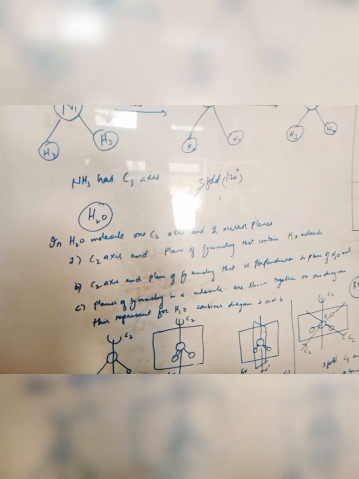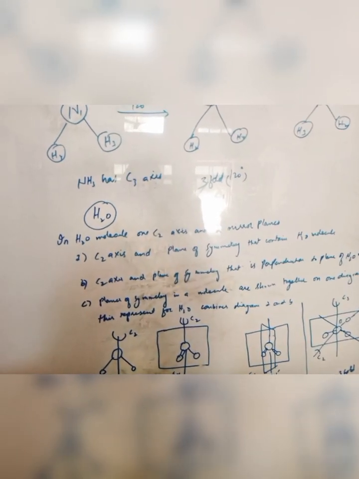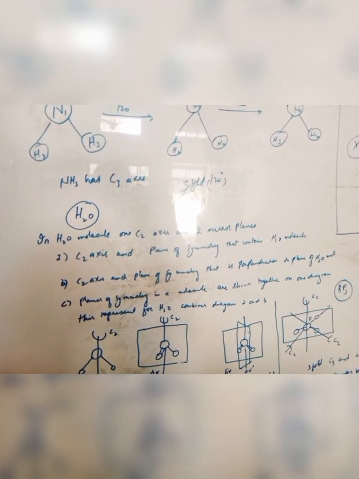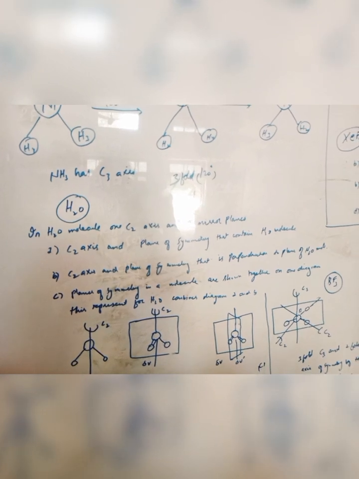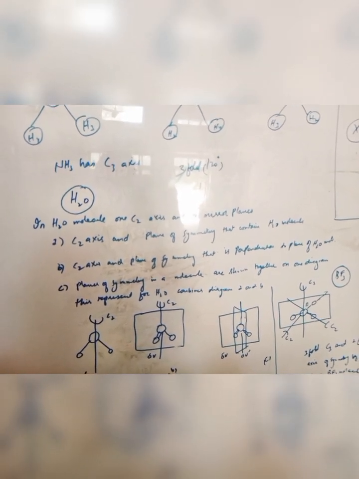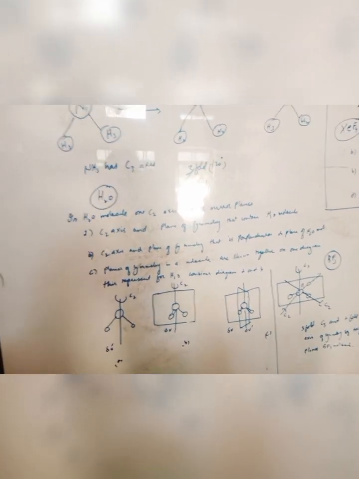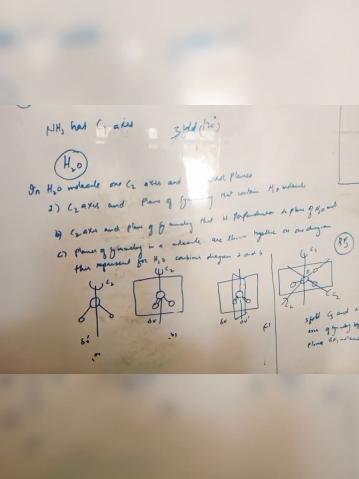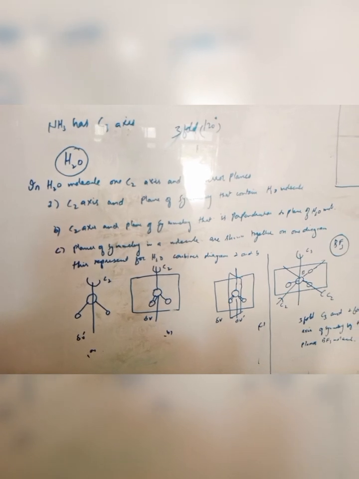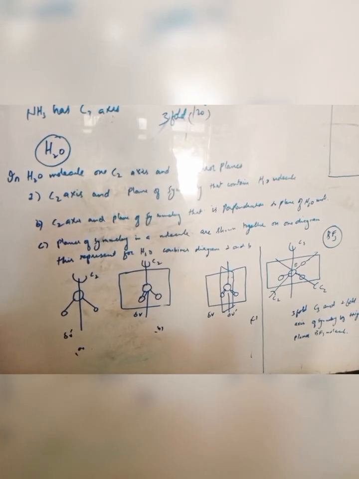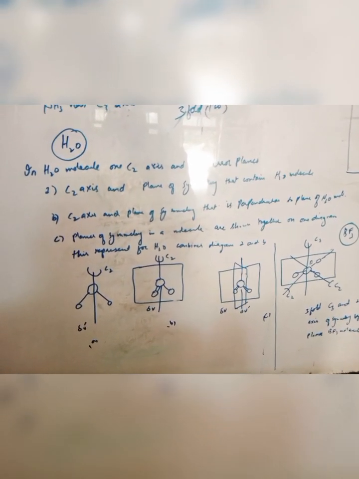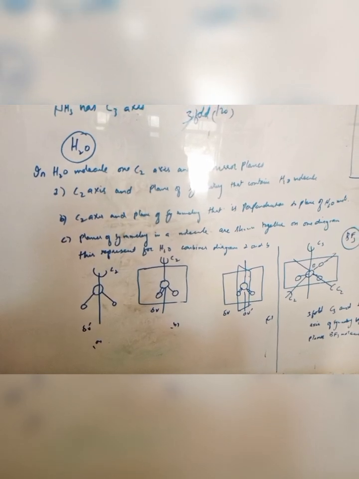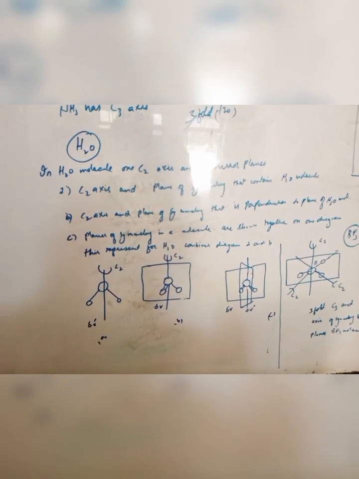In the water molecule, one C2 axis and two mirror planes are present. The C2 axis and the plane of symmetry contain the water molecule, and there is also a plane of symmetry that is perpendicular to the plane of the water molecule. The planes of symmetry in the molecule are shown below. This represents water, which combines the diagrams.